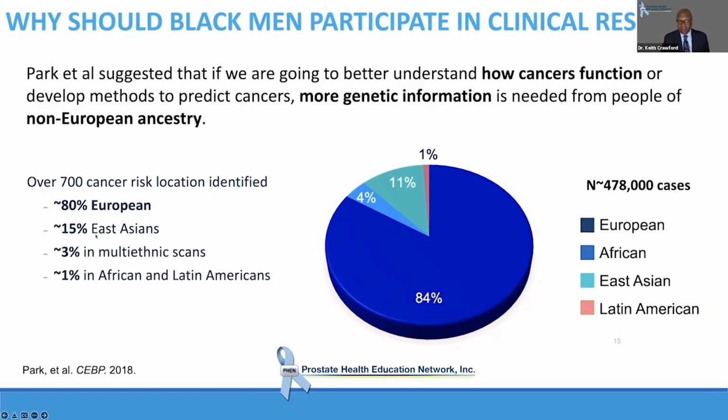And then next in line are those people of East Asian ancestry. And then there's a collection of multi-ethnic data points that exist. But African American and Latin Americans only have about 1% of this information. And this is just a drive point, that this is why Black men need to participate in clinical trial research. So let us begin to close this gap.